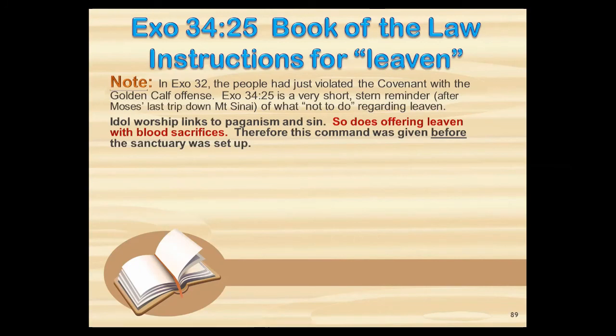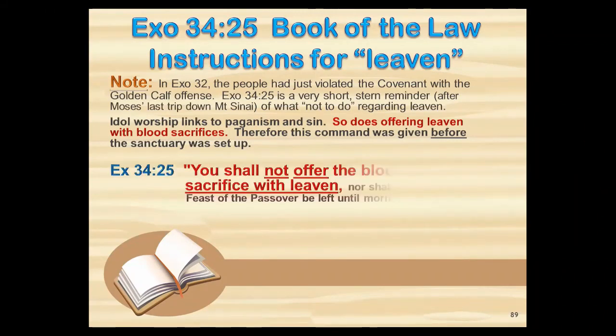But Exodus 34:25 is a very short, stern reminder, after Moses came down from that Mount Sinai trip, of what they were not to do regarding leaven. Idol worship links to paganism and to sin, and so does offering leaven with blood sacrifices. Therefore, this command was given before the sanctuary was set up.